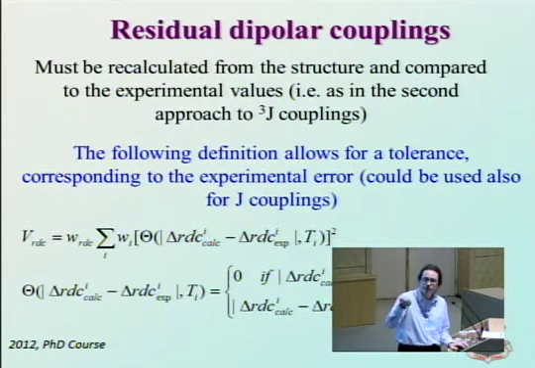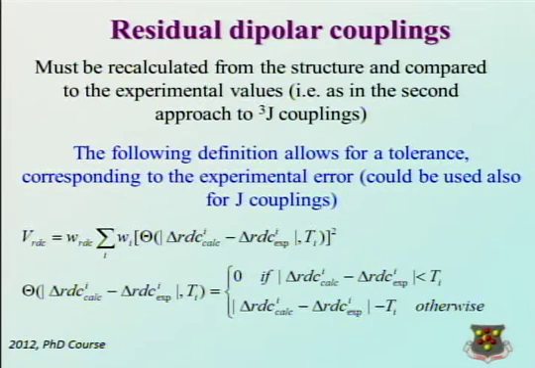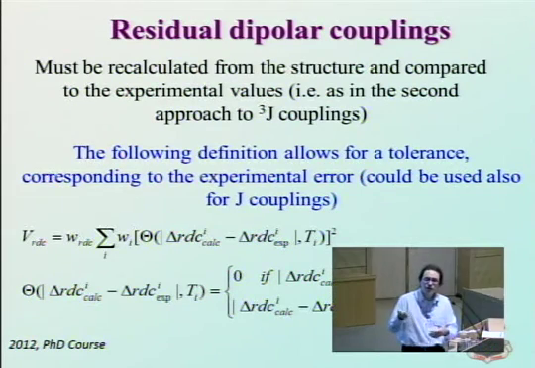If you have residual dipolar couplings, you can instruct your system to basically do the fitting, and you enable a tolerance. So at each step of molecular dynamics, the software is fitting your residual dipolar coupling data again within experimental error.